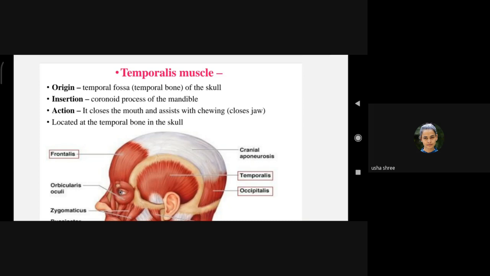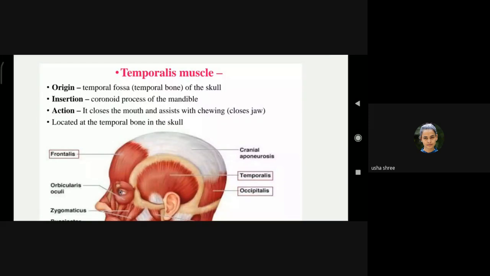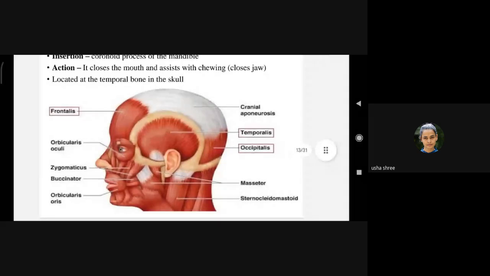So the temporal fossa is the origin point of the temporalis muscle. The insertion is the coronoid process of the mandible. You can see here that the muscle arises from this fossa and is inserted into the mandible.